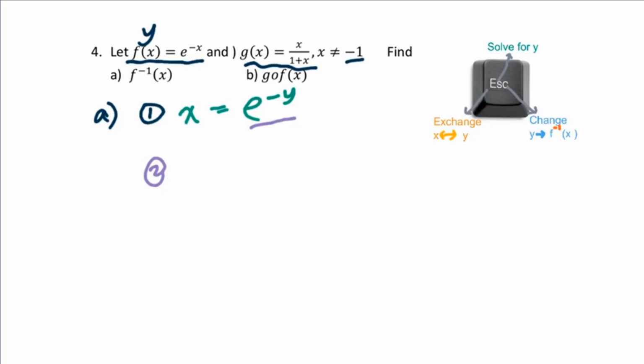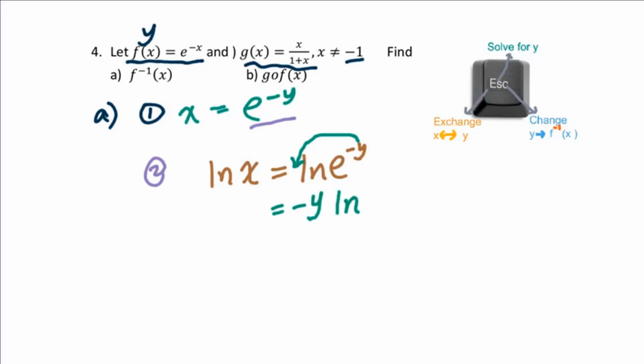Therefore, you have to take the natural log of both sides. So we do natural log of x equals natural log of e to the negative y's power. That negative y drops down. You will get negative y natural log of e equals natural log of x.